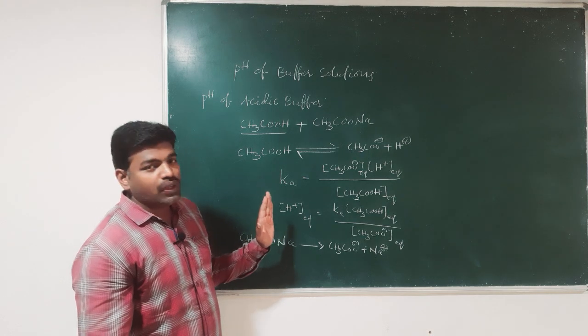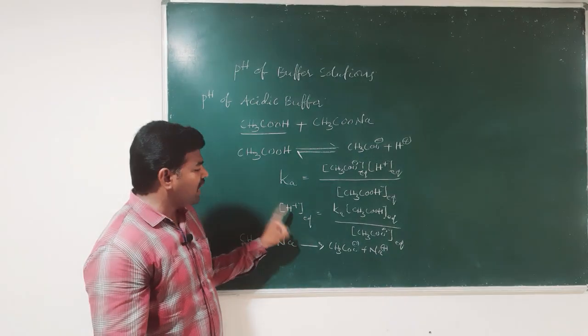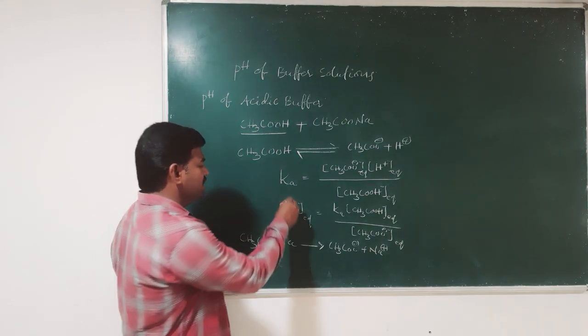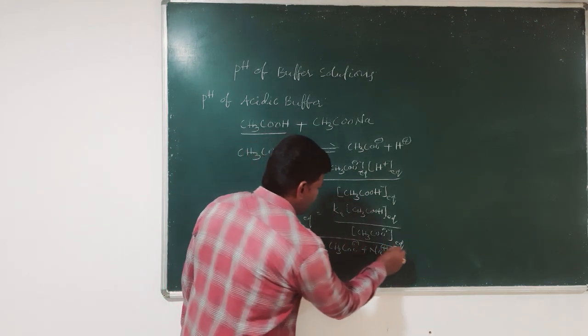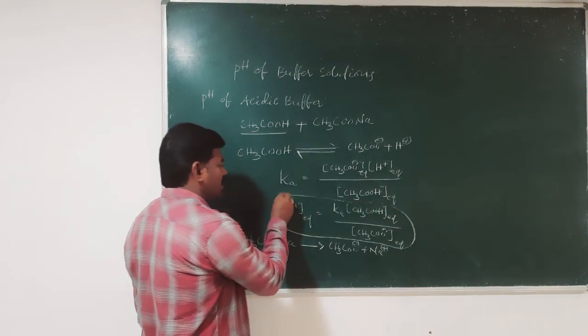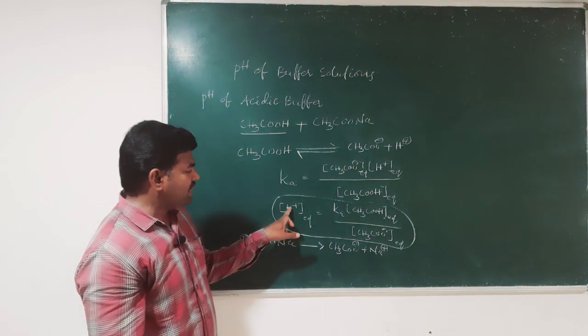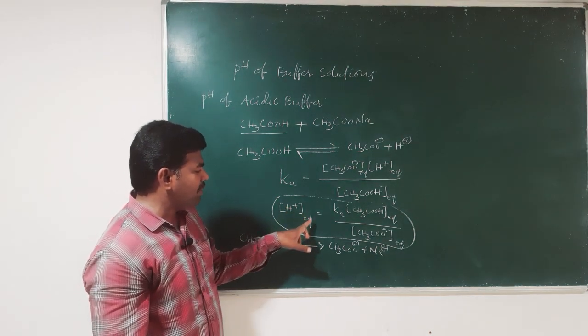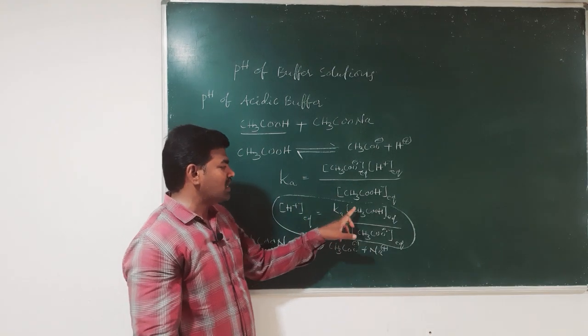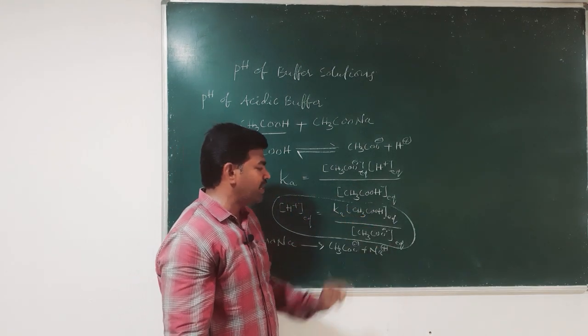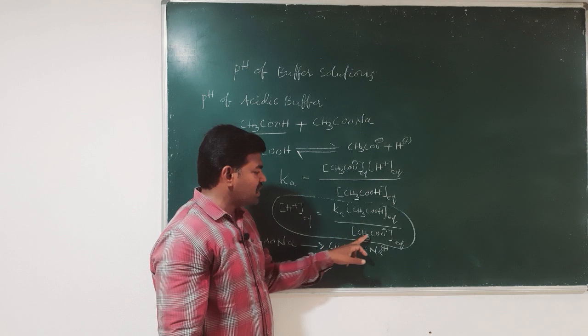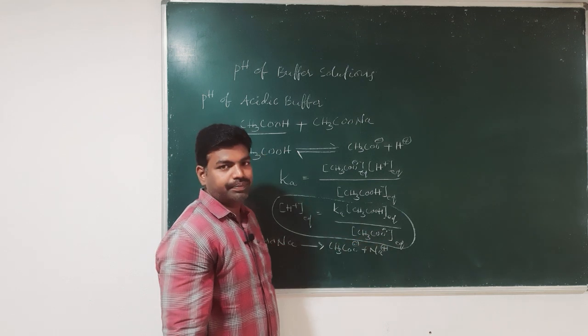In order to calculate the pH, we should know the concentration of H plus ions. So the concentration of H plus ions at equilibrium is equal to Ka into concentration of acetic acid at equilibrium and concentration of acetate ion at equilibrium.